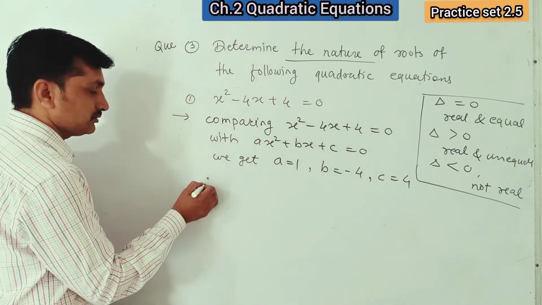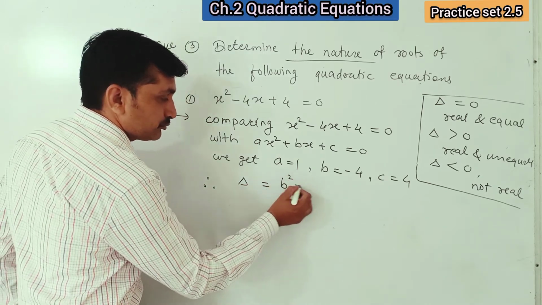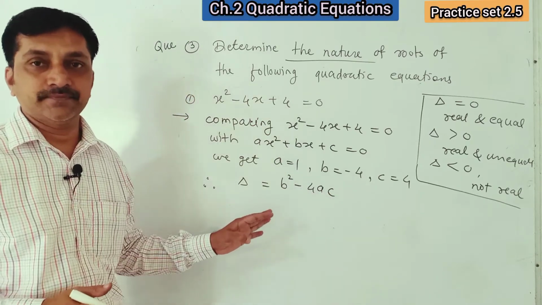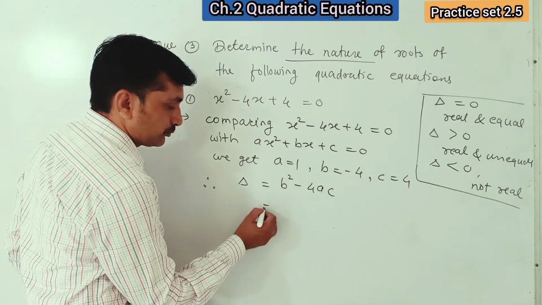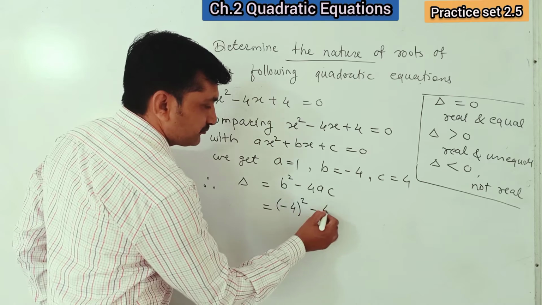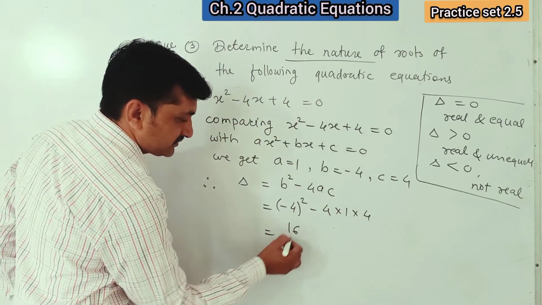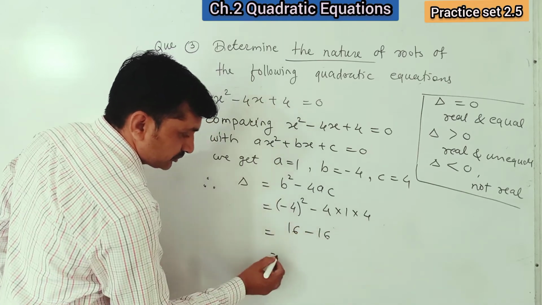Now write down here, therefore delta is equal to b square minus 4ac. You see, it is value of discriminant. That is not any different value. Now put value here, b value minus 4 bracket square minus 4 multiplied by 1 multiplied by 4. Minus 4 square is 16 minus 4 4s are 16 is equal to 0.